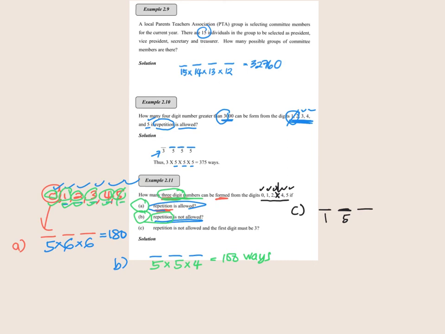Since we already used 2 different numbers for the first and second slot, from 6 we already used 2, so the remaining numbers you can use now is 4. So the answer is 4 multiplied by 5 multiplied by 1, so 20 ways, or 20 different 3-digit numbers can be formed.